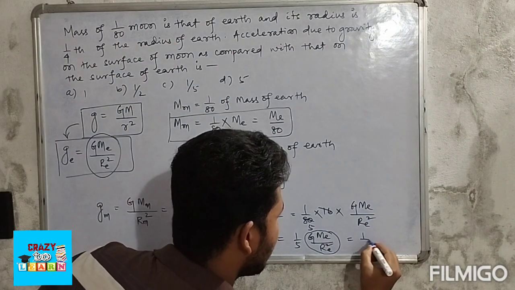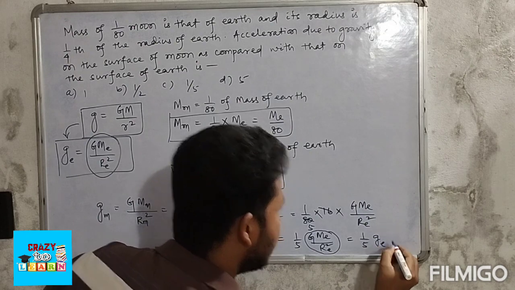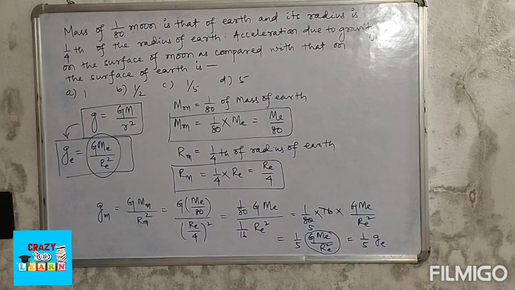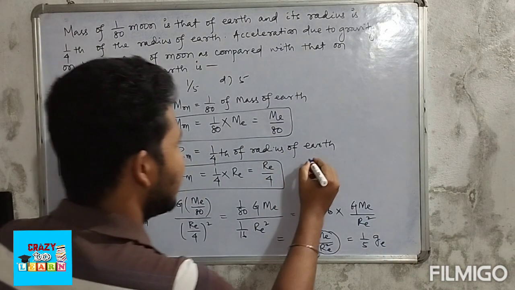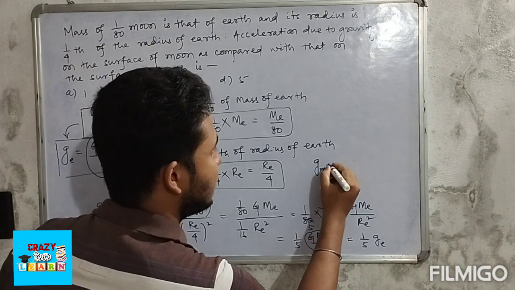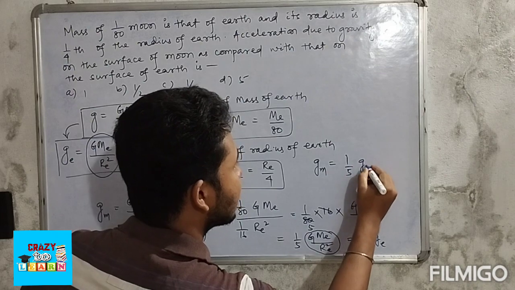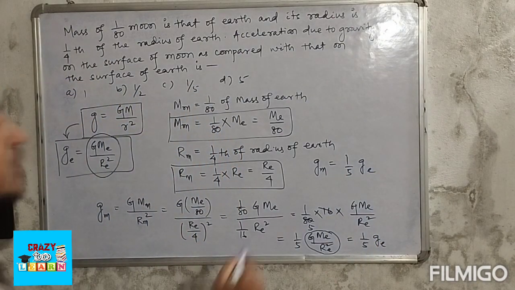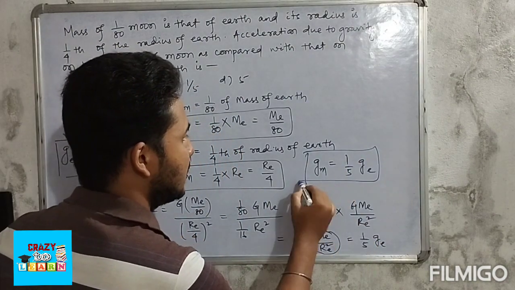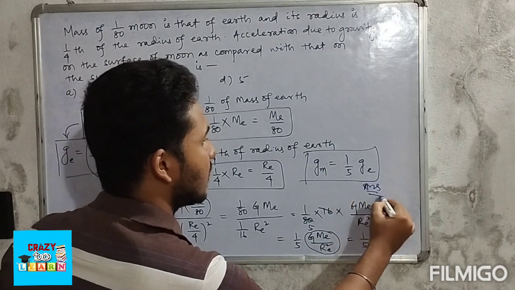So it is 1/5 small ge. So what did you conclude here? The acceleration due to gravity of the moon, Gm, is equal to 1/5 of the acceleration due to gravity of the earth. Clear? So this is your final answer.